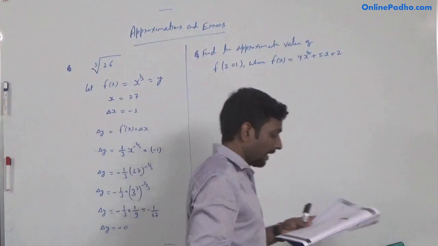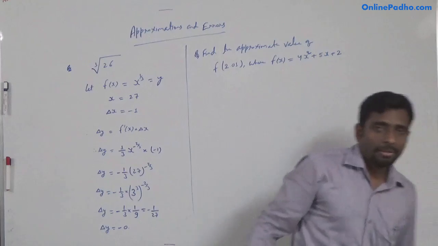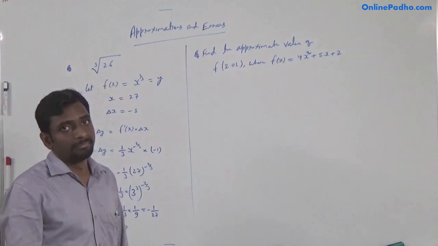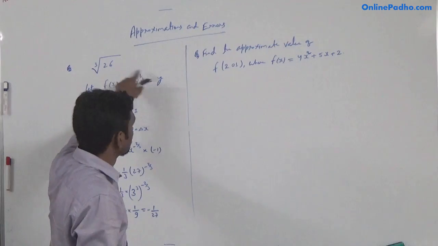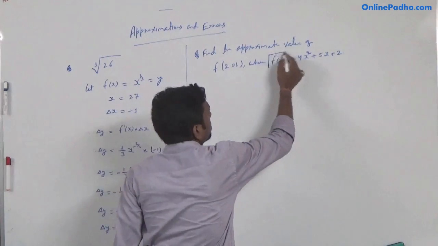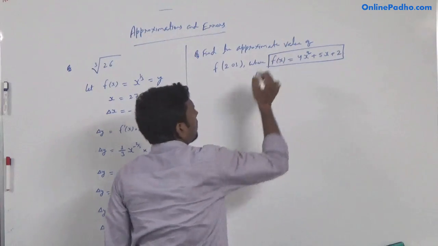Now it's a very simple question because the function is already given. In other questions we need to find the function, but in this case the function is already given. So this is the function f(x), right?